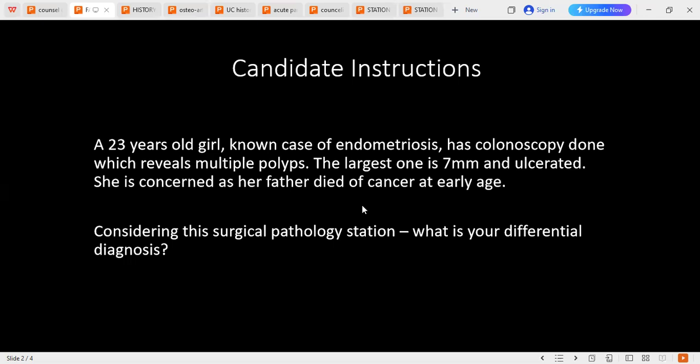Out of these adenomas, which one has the highest chance of causing malignancy?